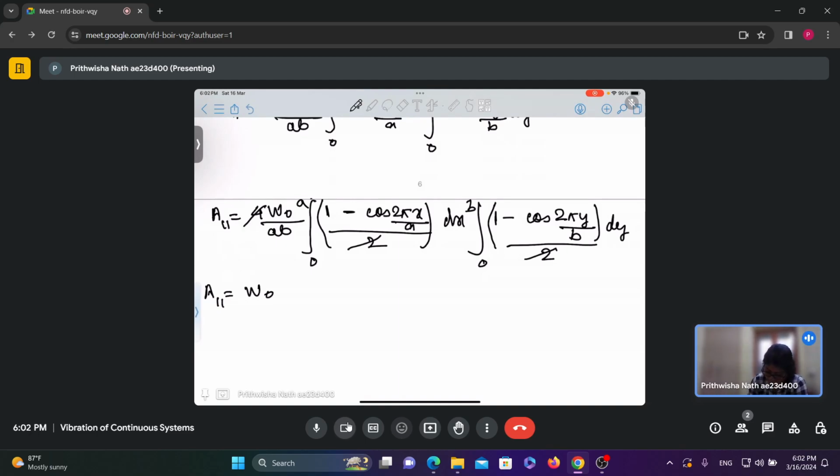So if I integrate this, I'll get x minus sine 2 pi x by a divided by 2 pi by a, from 0 to a, into y minus sine 2 pi y by b divided by 2 pi by b. This varies from 0 to b.